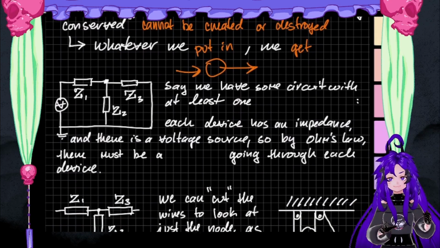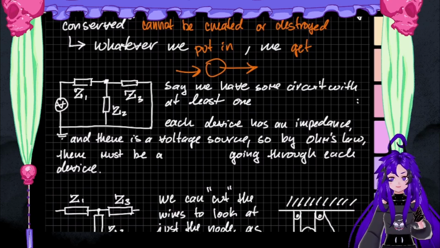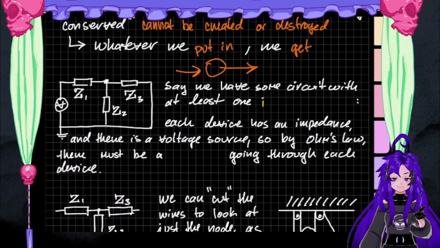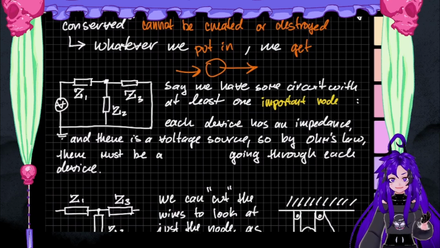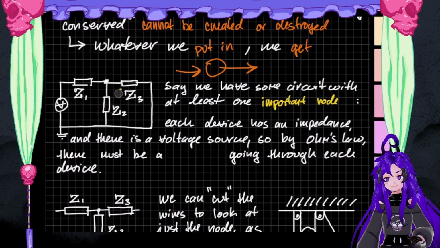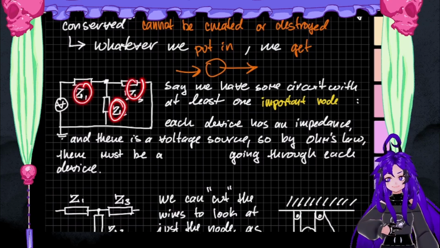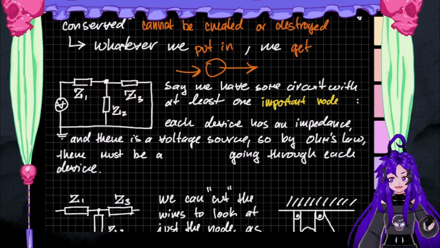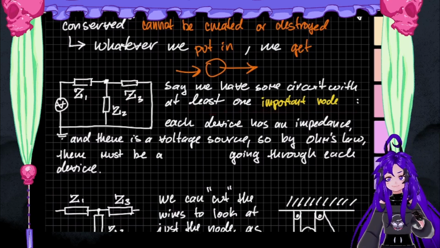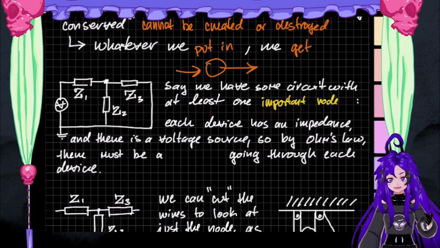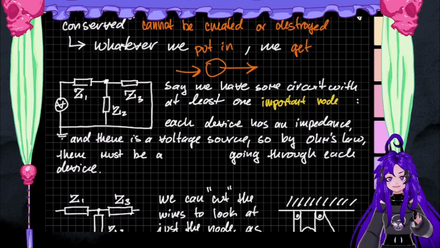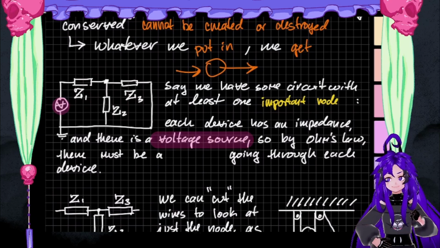If we have some circuit and it has at least one important node, and remember we said that an important node has at least three devices attached to the same point, and each device has an impedance, and there is a voltage source here.